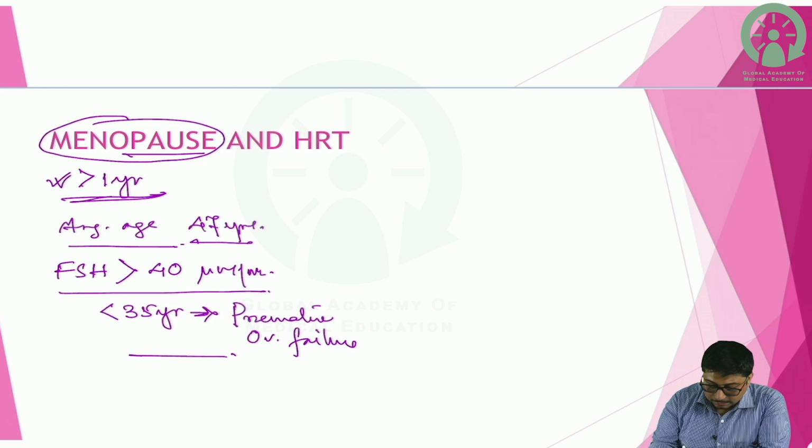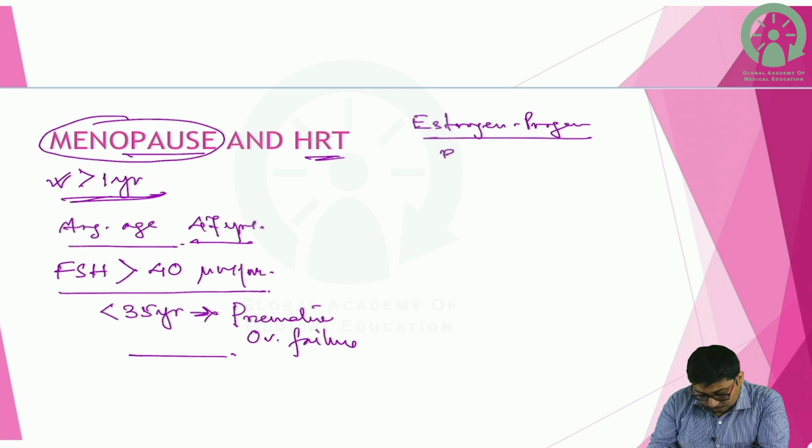Before menopause, the woman has a balance of estrogen and progesterone, and estrogen had several effects. It was protective for bone, it was protective for the heart, and it had a vascular stabilizing effect.